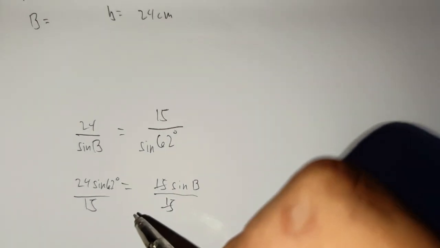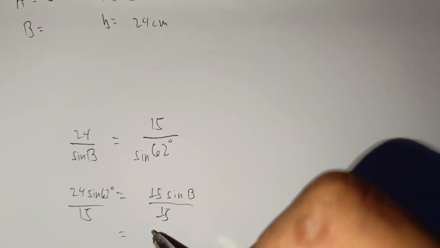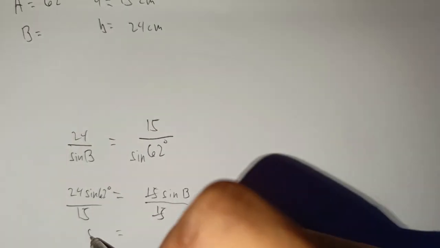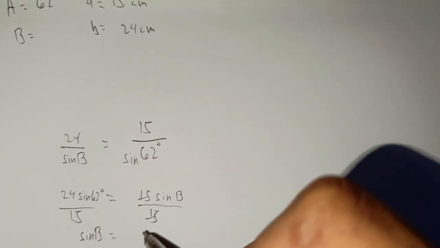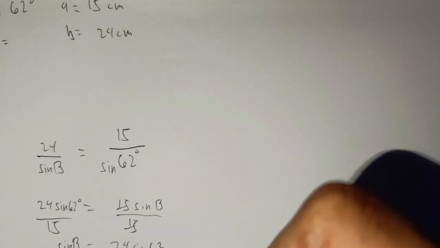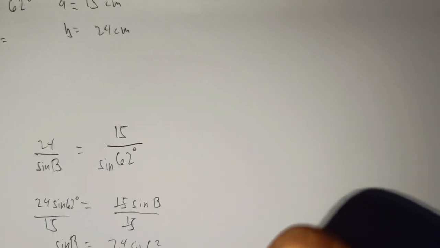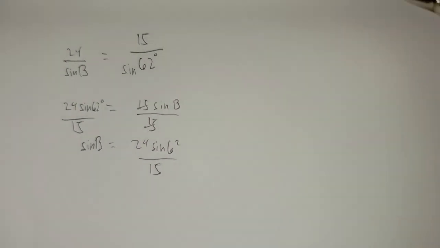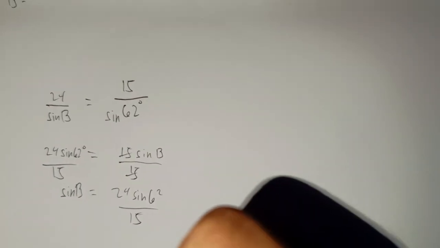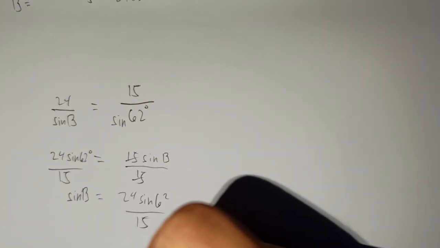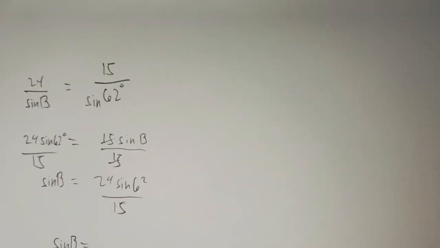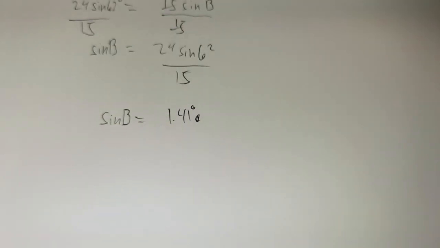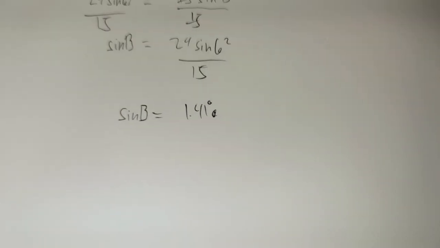The 15 cancels, and we get sine B equals 24 sine 62 over 15. And as usual, we need to use the calculator.